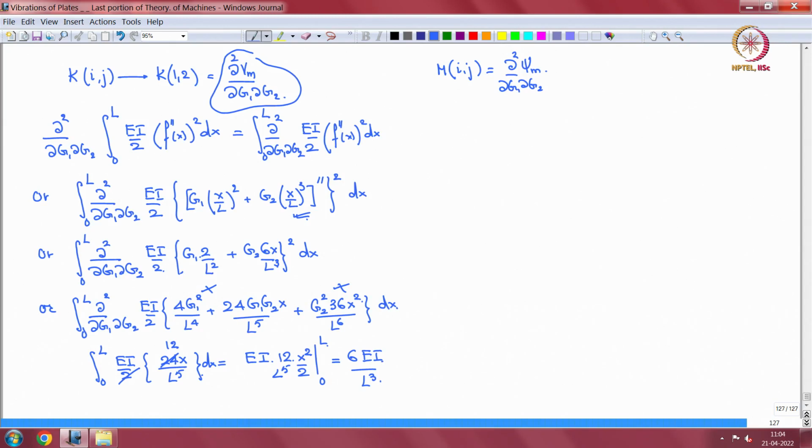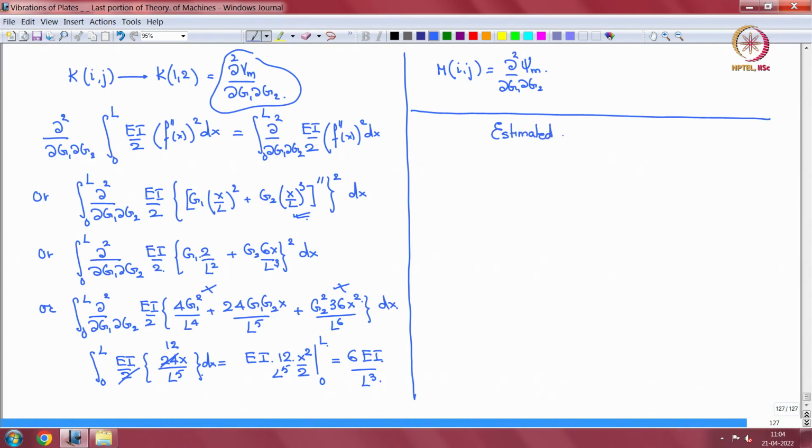Now, having calculated with two terms and higher order terms, I will give you a table for the estimated natural frequencies of a cantilever beam.